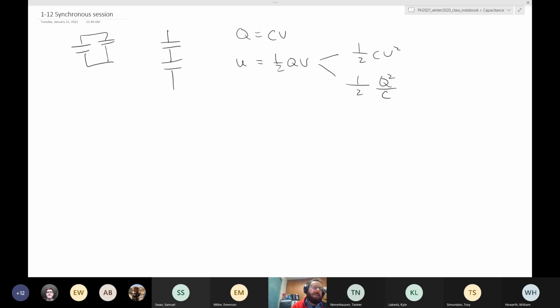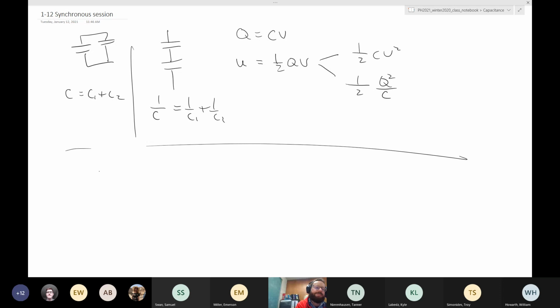And we looked at the rules, like caps that are in parallel just add. And when they're in series, you add one over, just like you would do for resistors. So that's where we were coming from. And then the main thing was the capacitance for a parallel plate configuration.